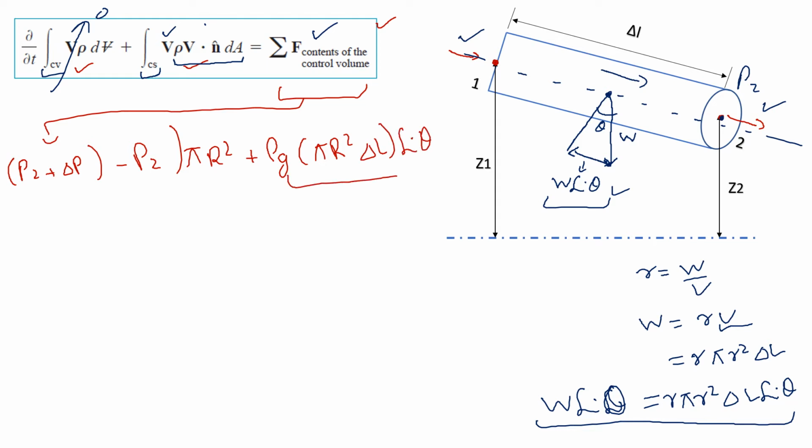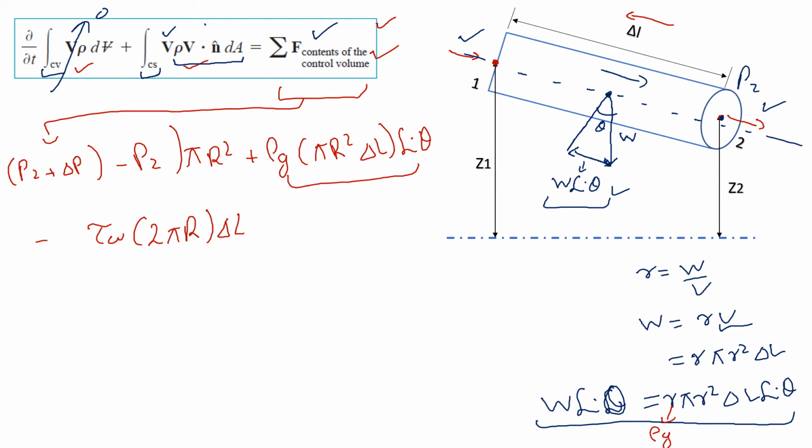This is the weight term that we already saw. You can also write gamma in terms of rho g, you already know that. Then comes the shear force, the shear forces that are also acting on the wall, so they will be minus tau W into the area, 2 pi r delta L. So these are the forces that we added, the summation of the forces.